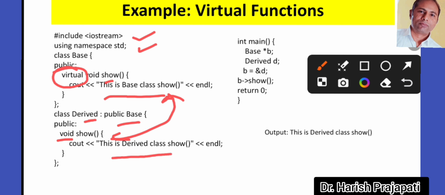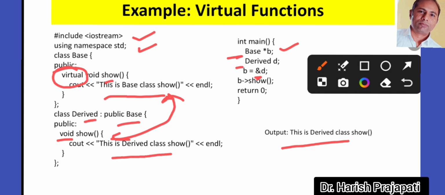Now we make a pointer b, which is of the base class, and we make one object of the derived class. Then b points to the location of this object. If we write b arrow show, and here we have written virtual, then at runtime this will give us the output: derived class show.